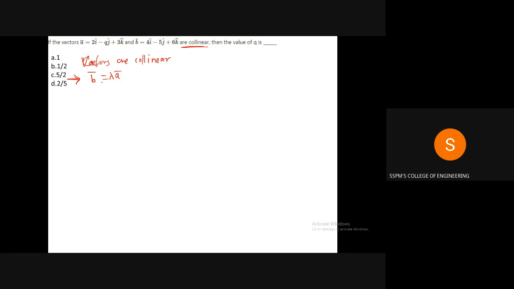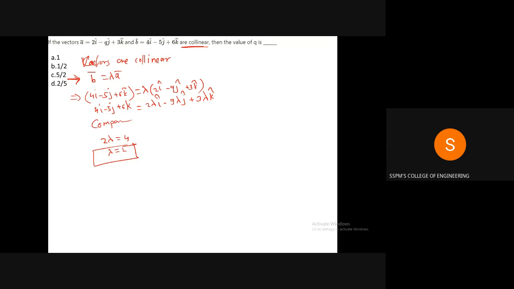So now we will compare each component. So we have 2 lambda is equal to 4, that is lambda is equal to 2. So now we have the value of lambda.